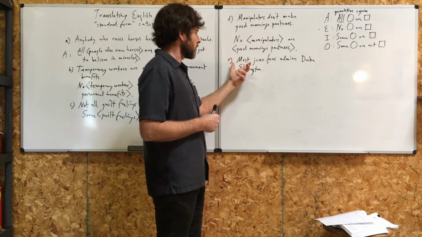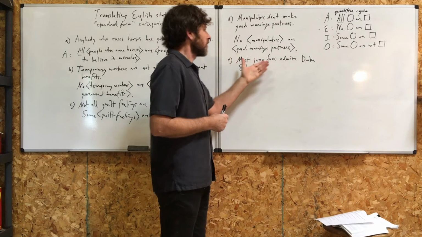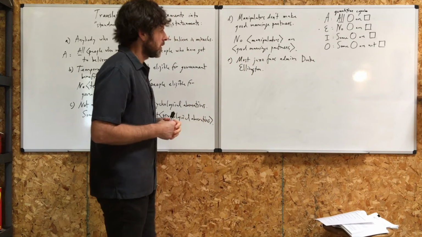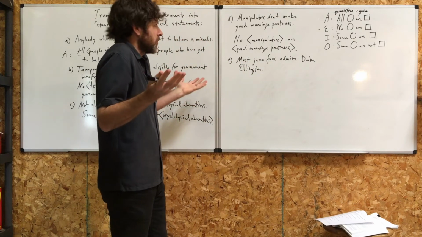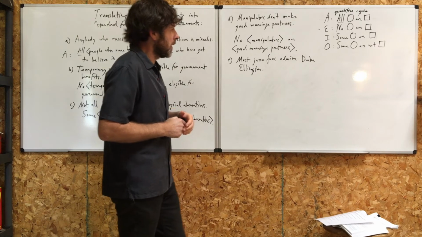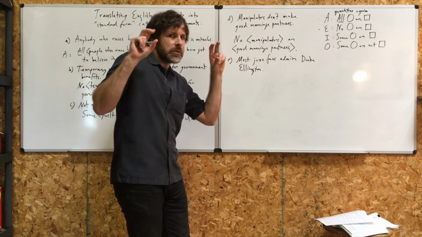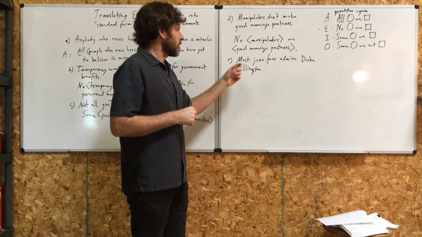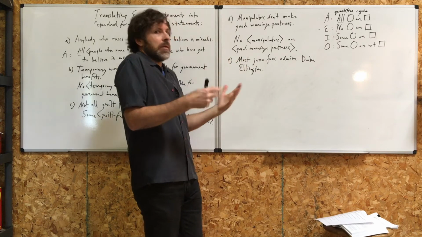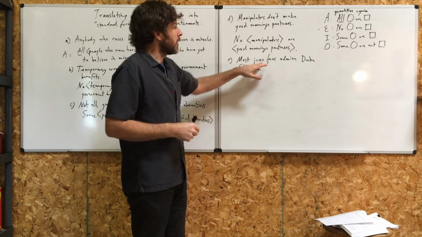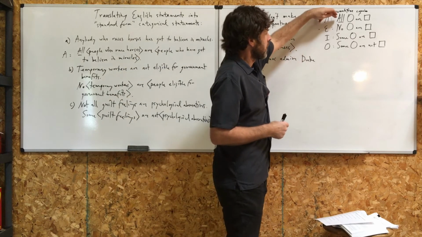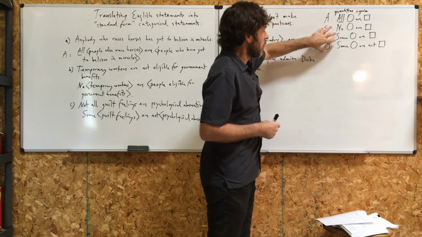So it's not universal. It's not making a claim about all jazz fans. It's saying most, so more than 50% of jazz fans. But neither does most mean at least one. Most means at least 50%. So how could this be translated either as a universal statement or a particular statement?